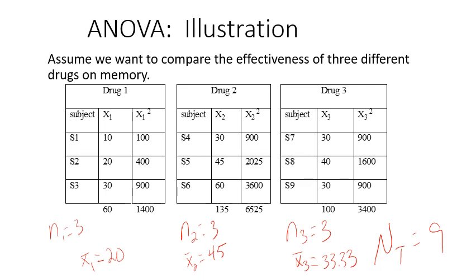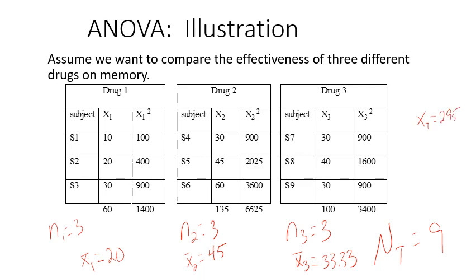You would need to also do, so when I said we have all the information, no, we don't. Our X total would have to be 60 plus 135 plus 100. So we've got 295.